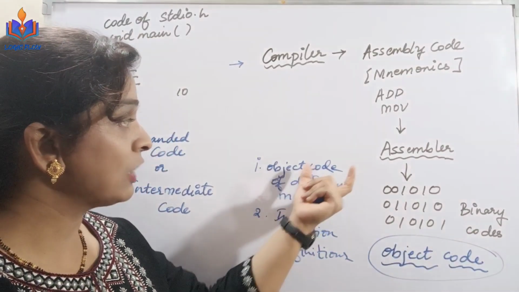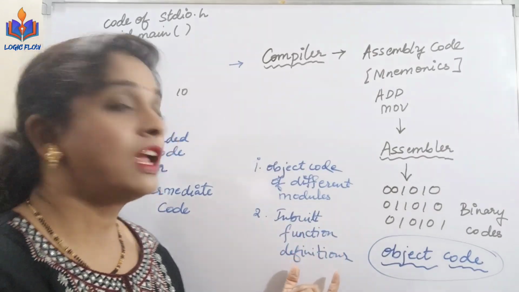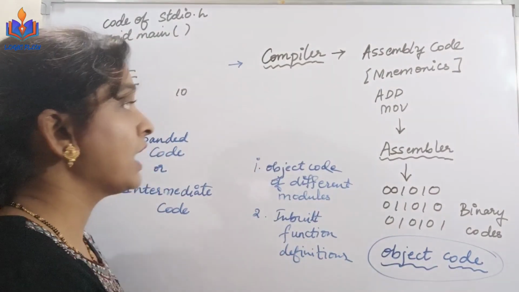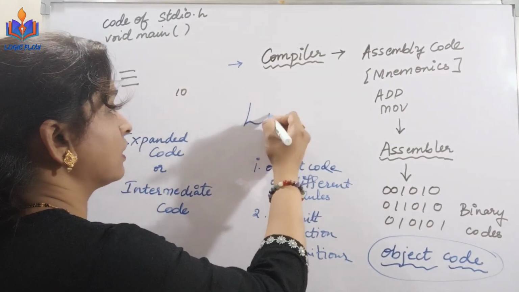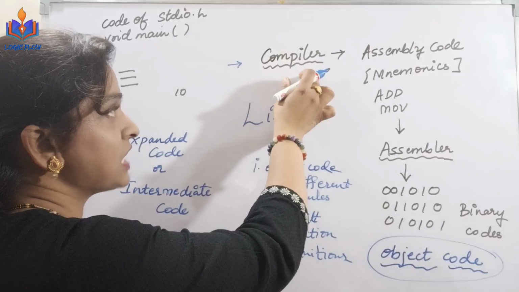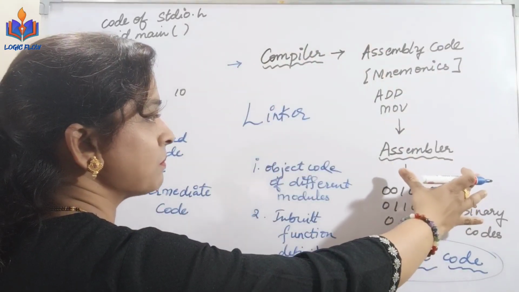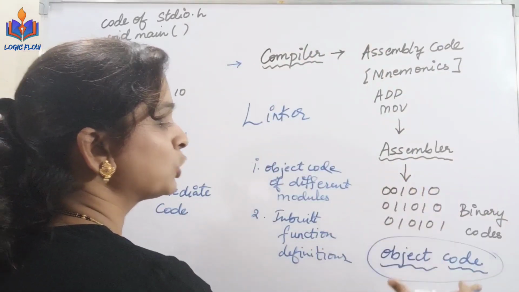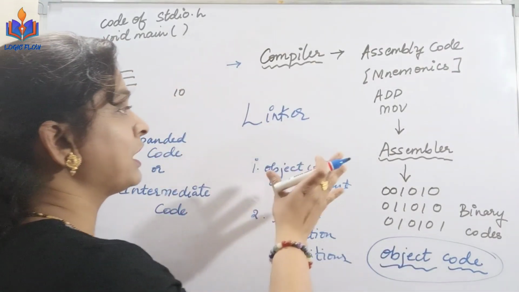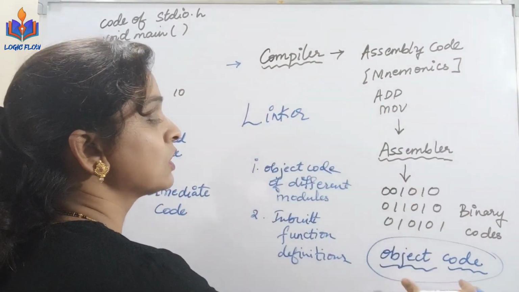So we are going to link all these object codes and the definitions of all the inbuilt functions with the help of the linker. So the compiler is done. It creates the assembly code, and the assembler converts it to object code. Source code to intermediate code to object code.